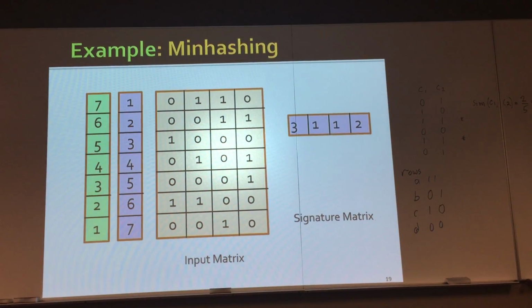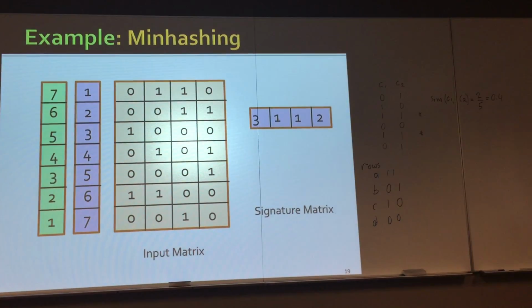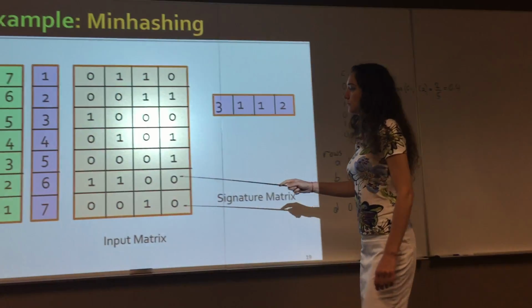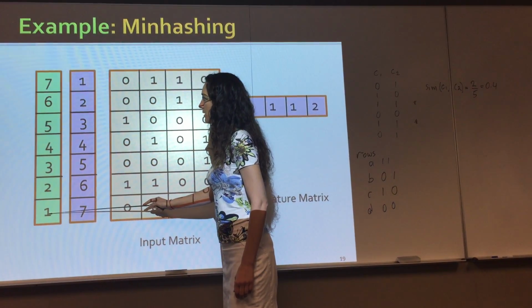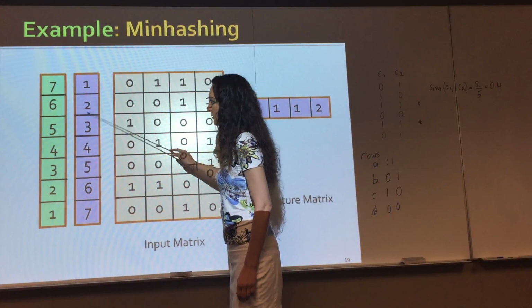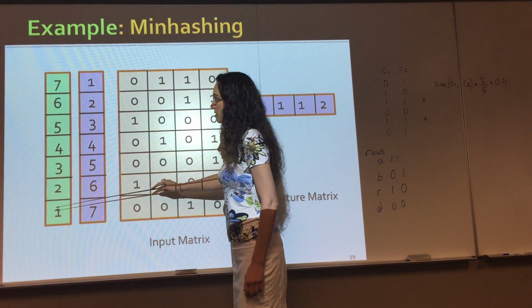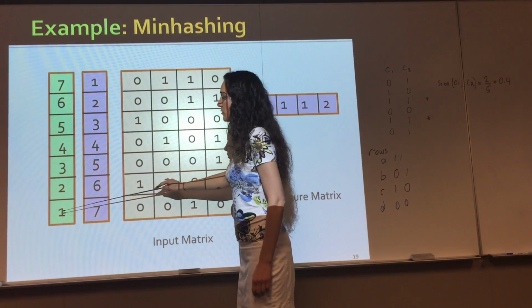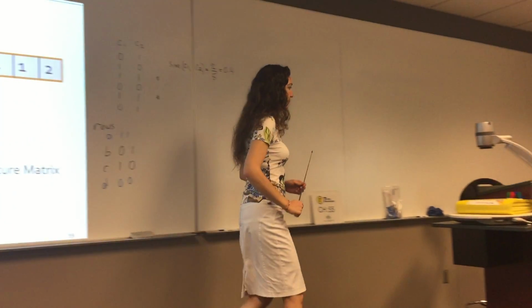Then we can do another permutation, and again we start with the first row. The first one happens to be here. Now you see this is 1, 2, 3, 4, 5, but now it's the other way around, starting from the bottom, going up. So the first row we consider will be in the very bottom.